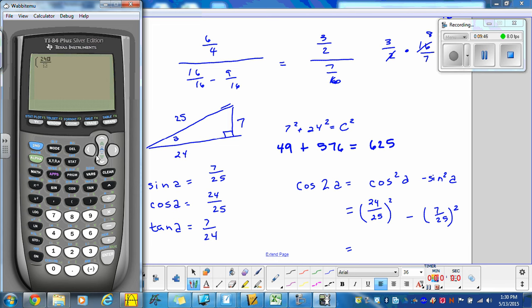So 24/25, out of the fraction and square that, minus a new fraction, 7/25, and then this one is squared. So enter that into the calculator, and you get this value: 527/625.